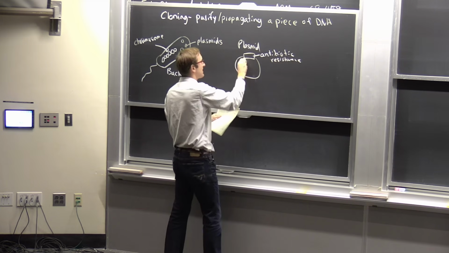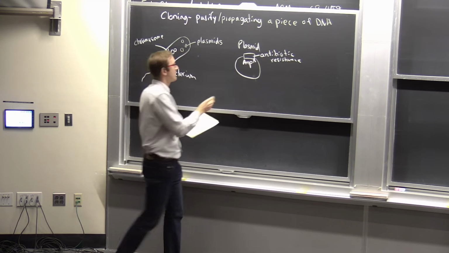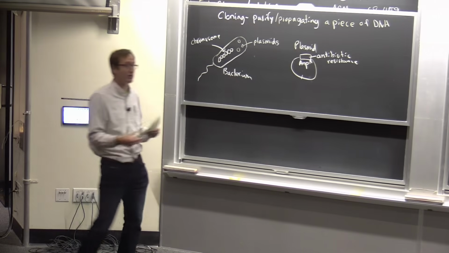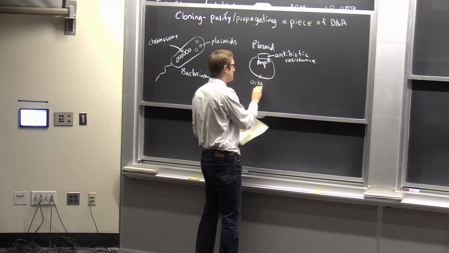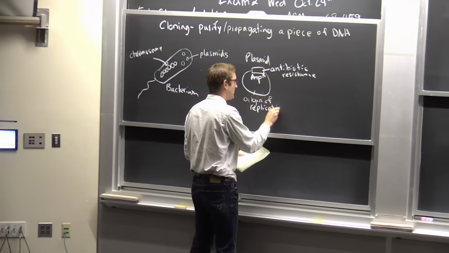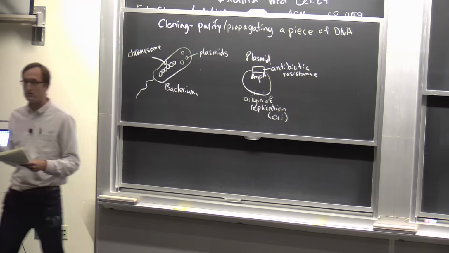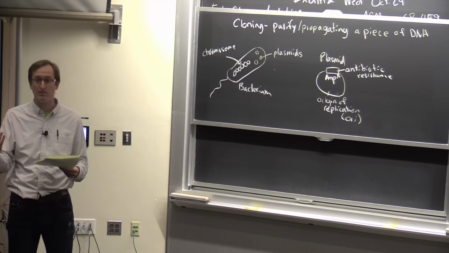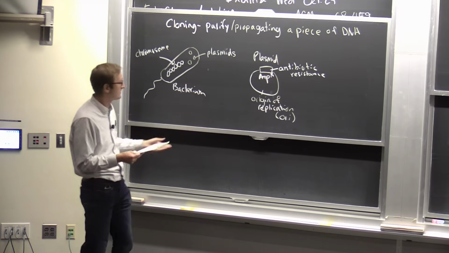One common example is ampicillin resistance, which I'll abbreviate AMP with the R next to it. Okay, but for these plasmids to propagate from bacterial cell to bacterial cell, they also need to be able to undergo replication. So they also have what is known as an origin of replication, which is often abbreviated ORI, which basically allows this plasmid to be replicated such that copies of the plasmid are passed on to the subsequent generation of bacteria, okay?